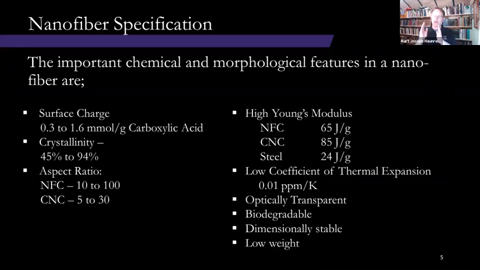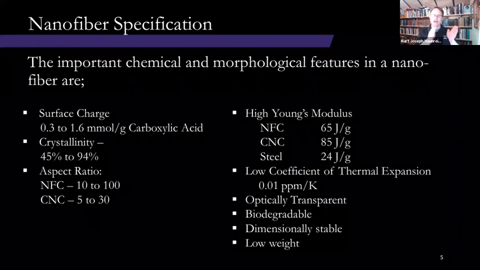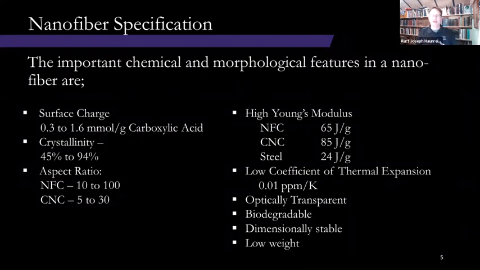Really, those numbers are only good for comparing the data within that research paper. They're not as good for comparing between papers or between labs. If you find a paper that says 82% and they call it CNC, and another paper says 85% and calls it NFC, it's likely an issue with how they do it, relative to that lab.